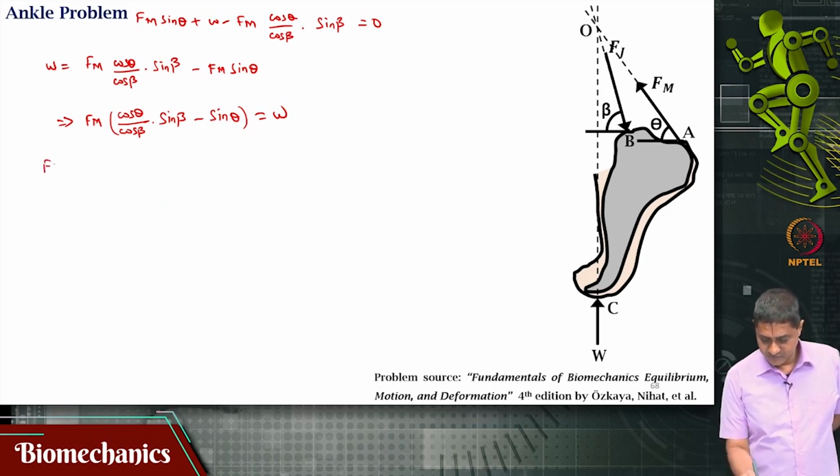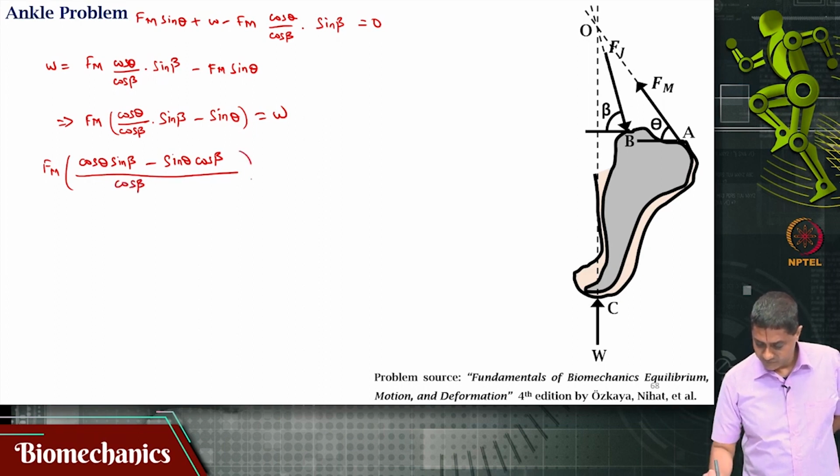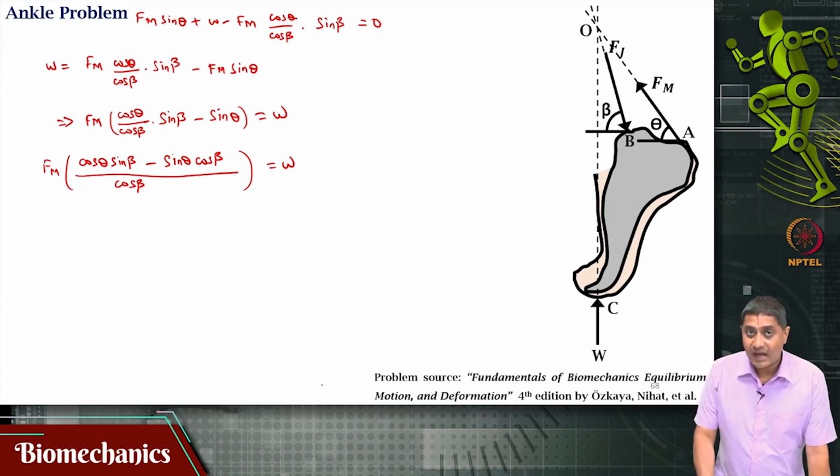Now, after some more adjustments, for example, I can take the LCM: cos theta sin beta minus sin theta cos beta, the whole thing divided by cos beta, equals W. In this, I know W and I know theta and beta, so I am taking Fm on one side.